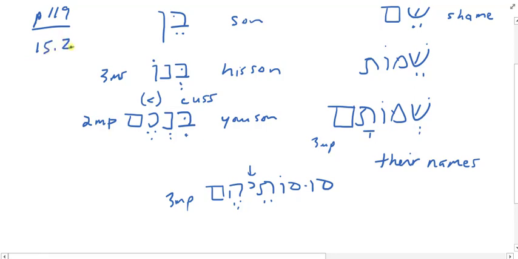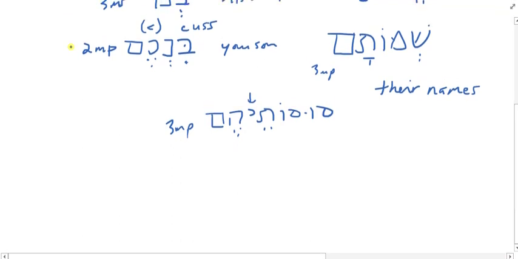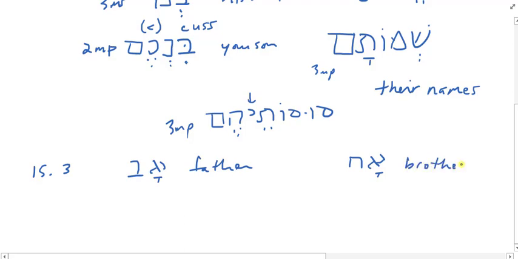Let's quickly look at 15.3. Here we come to those words av and ach, which you know are family terms, right? Av is father. Ach is brother. This is what it sounds like when you refer to your brother. Ach. Okay. Now, what did we learn about these words?